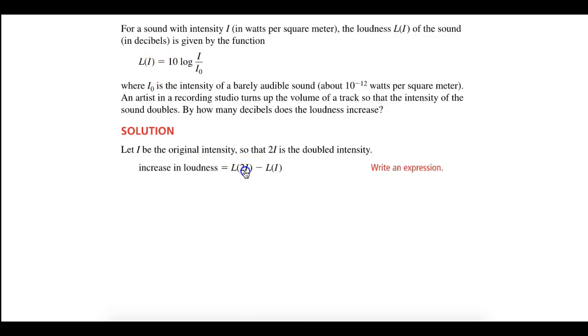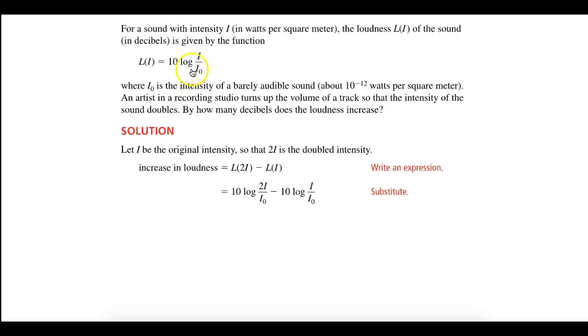So let's look at our equation up here. We know that L of 2I is just 10 times the log of 2I over I initial. And your initial sound is just 10 log of I over I initial. All we've done, again, don't get confused by this, is replace L of I and L of 2I with their function values.